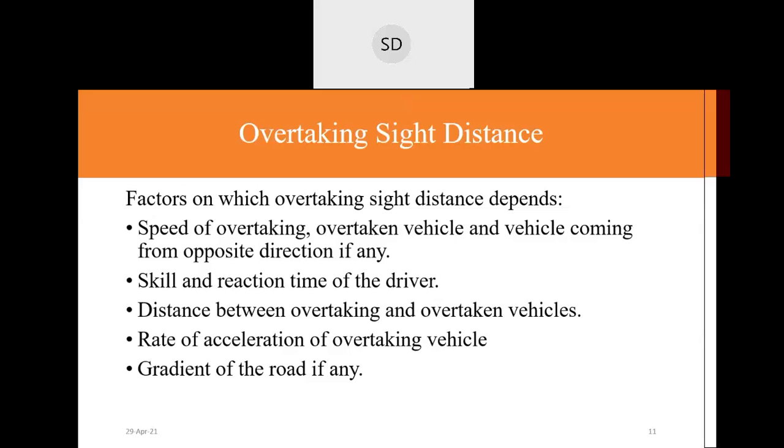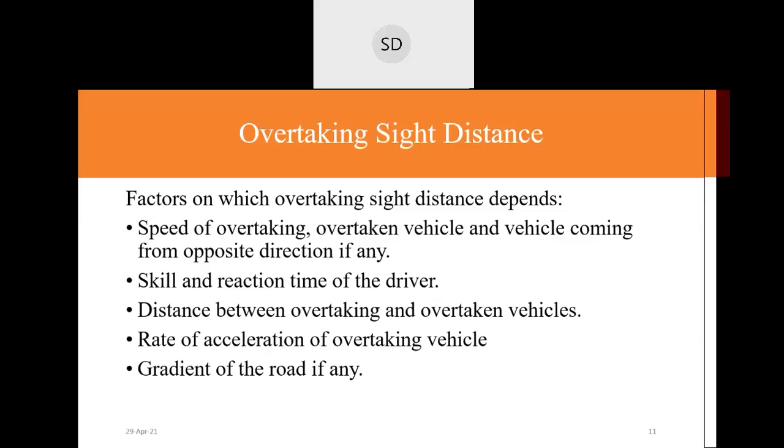Overtaking vehicle means suppose you are running with a higher speed and you intend to overtake an auto rickshaw or a tom-tom or whatever slow moving vehicle. Then the speed of the overtaking vehicle means the speed of your vehicle. Overtaken vehicle means the vehicle you want to overtake, and if there is any vehicle coming from the opposite direction, you have to consider its speed also. Otherwise, there will be chances of head-on collision with the opposite moving vehicles.